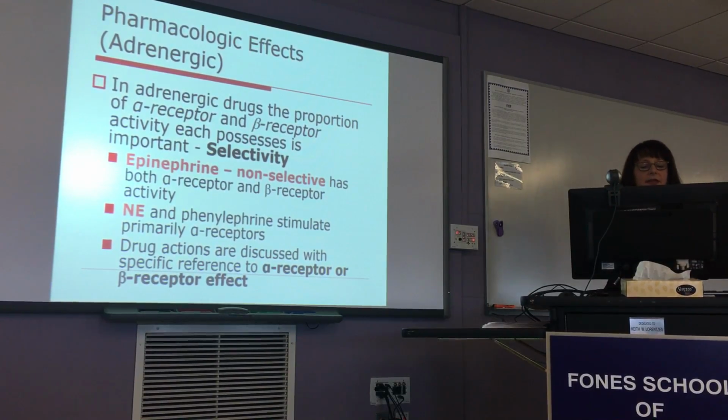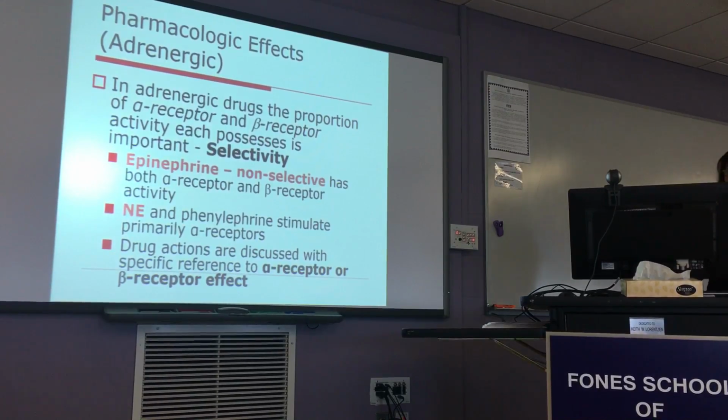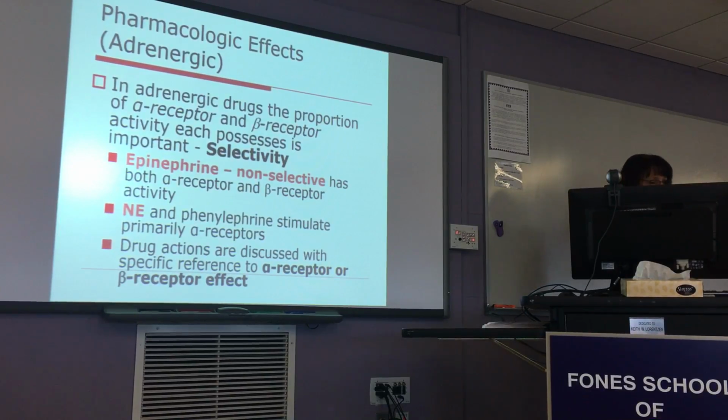There actually used to be an over-the-counter asthma drug called Primatene Mist. I don't know if that sounds familiar to everybody. People could go to the store and buy this stuff. And it was wicked on the heart. There were actually heart attacks that were traced to it, because it was epinephrine that was in it. Okay? Norepinephrine primarily stimulates alpha receptors.